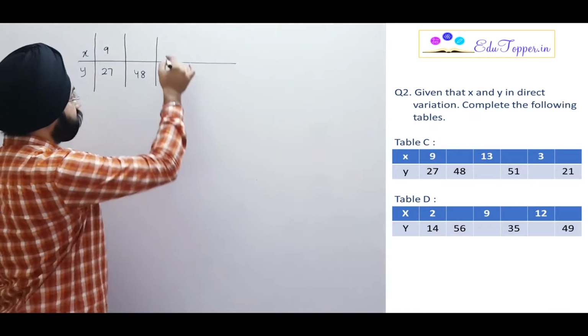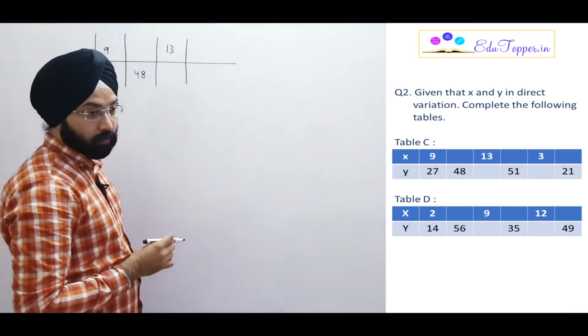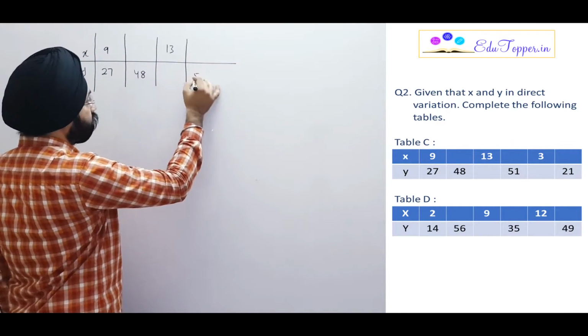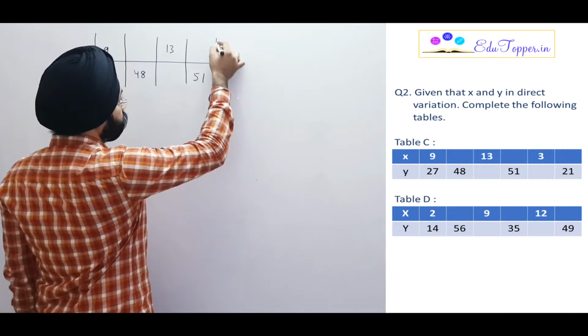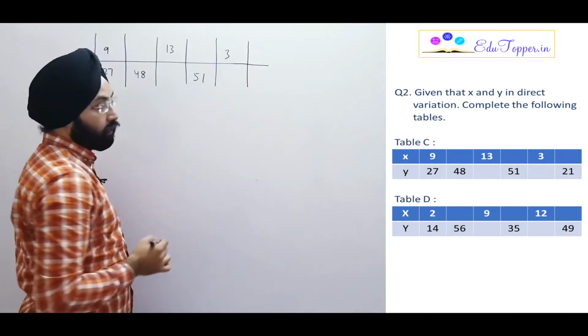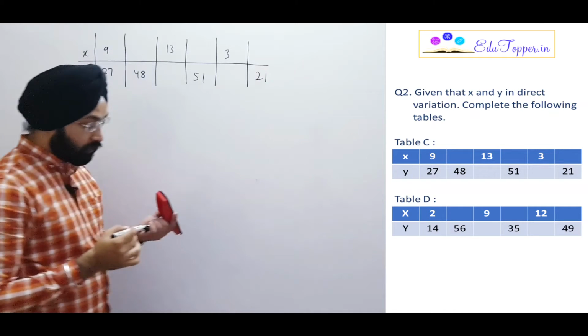Then x is 13, y is unknown. Then x is unknown, y is 51. Then we have x is 3, y is unknown. And then we have x unknown and y 21.